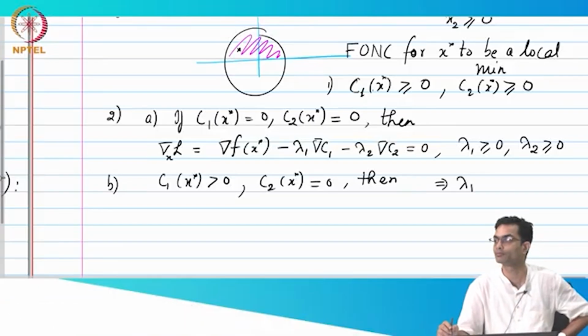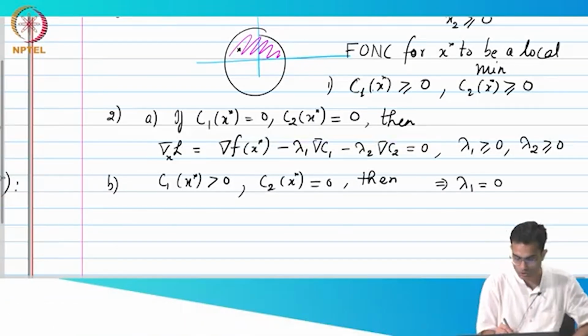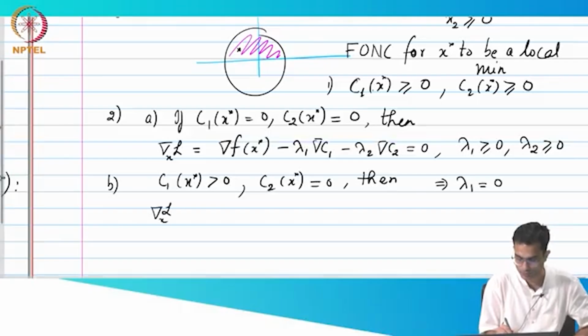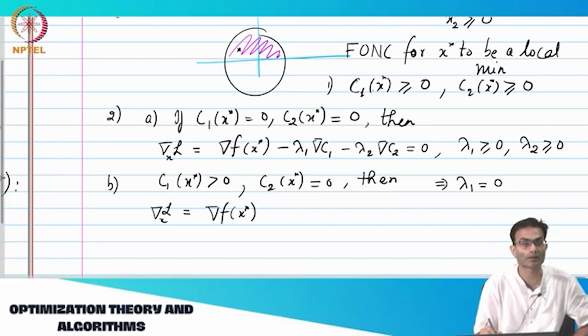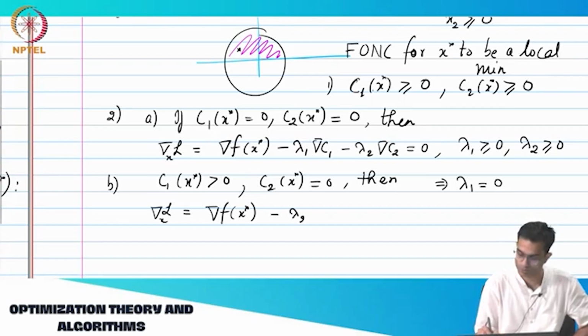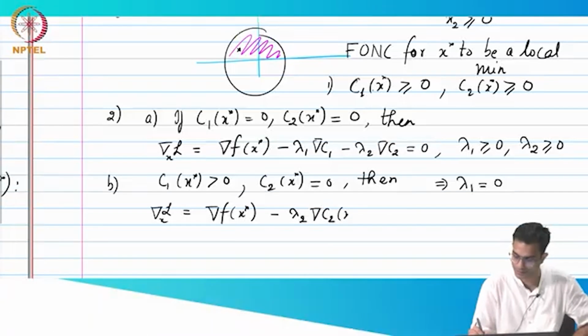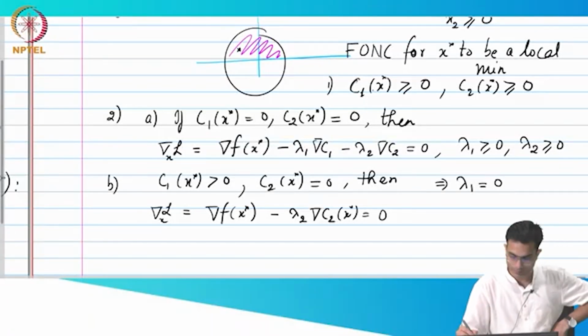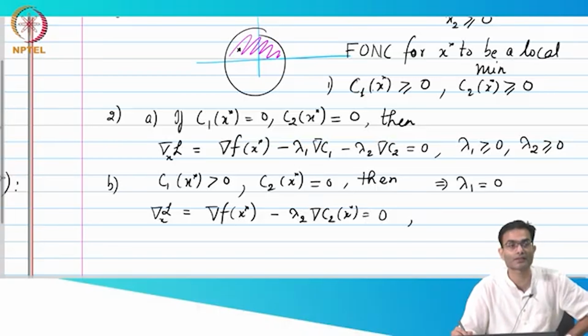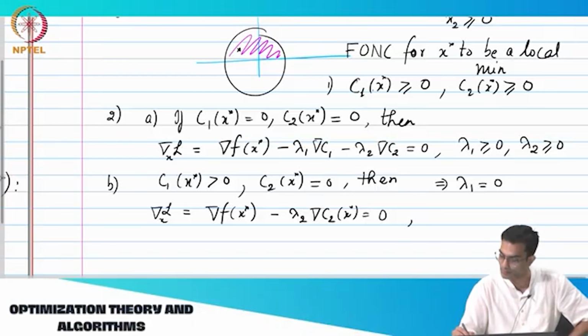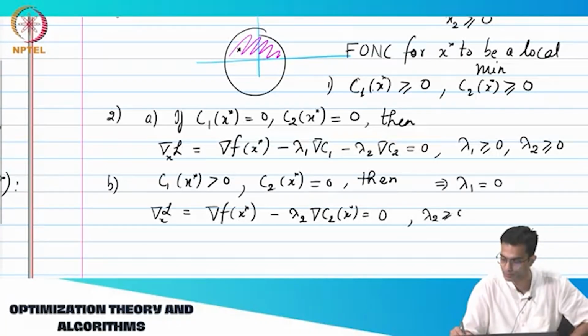Lambda 1 should be 0. So the gradient of the Lagrangian will give me what? Grad f x star minus only lambda 2 grad C2 x star is equal to 0. And is there any condition on lambda 2? Lambda 2 should be greater than or equal to 0.